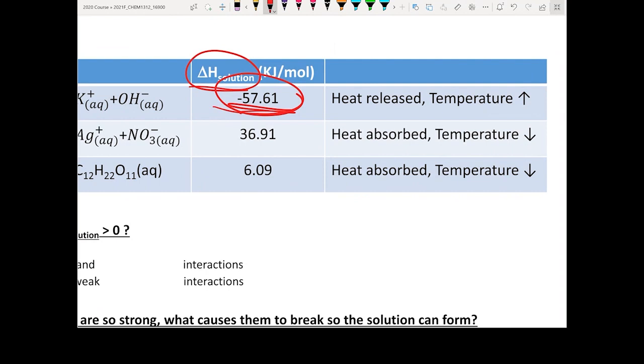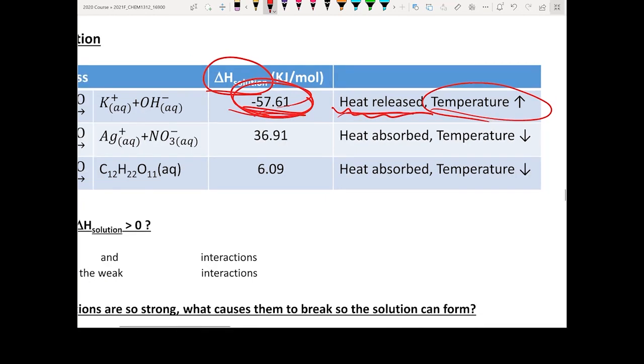Because it's negative, heat will be released, because you're forming a very stable solution, which is the final product. It's low in energy, so the energy above is going to be released to your environment, and the temperature of your solution is going to increase.